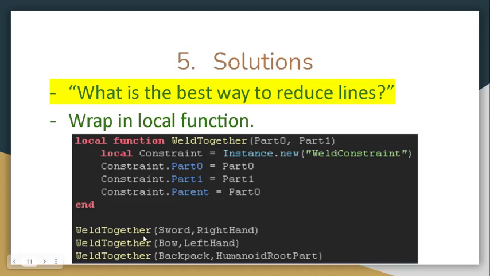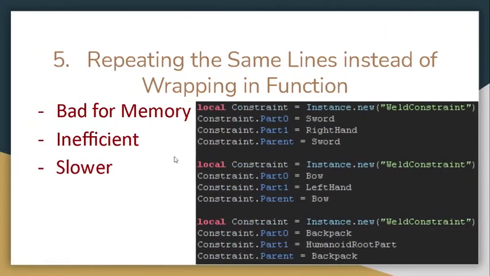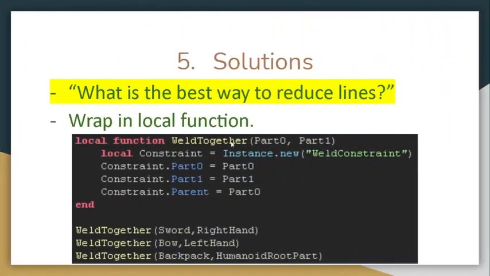We just pass the parameters into the function, and it makes for way fewer lines than the other way. Fewer lines means quicker, right? You don't need a function if you're only calling it once, but if you're calling something twice or more, definitely utilize functions, because it's way quicker for your system.